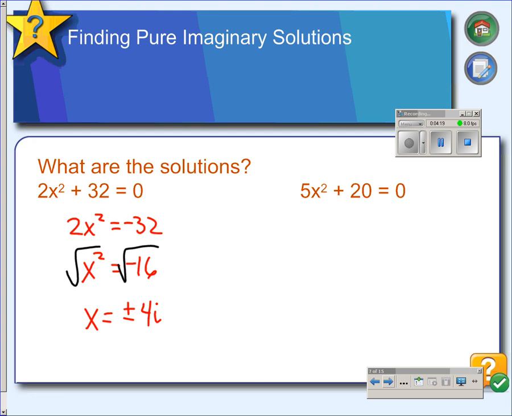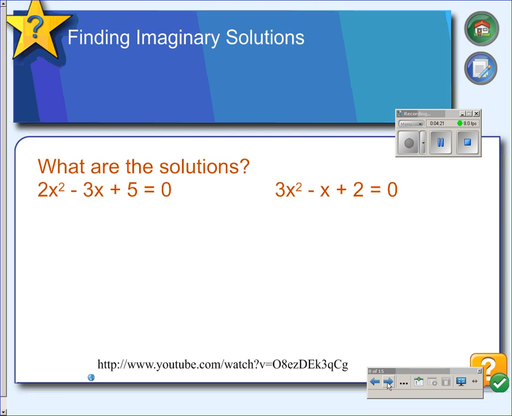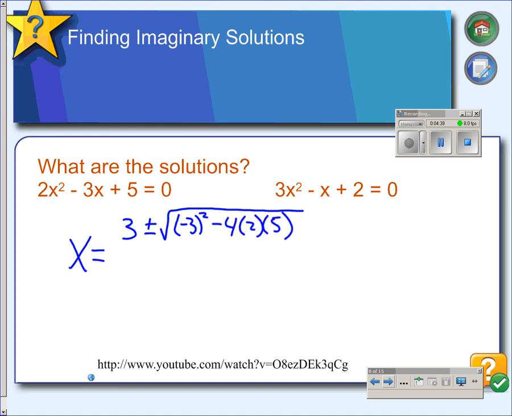We can also solve equations like these using the quadratic formula. So we would do x equals negative b, so that turns it to a positive 3, plus or minus the square root of negative 3 squared minus 4 times 2 times 5, all over 2 times 2.